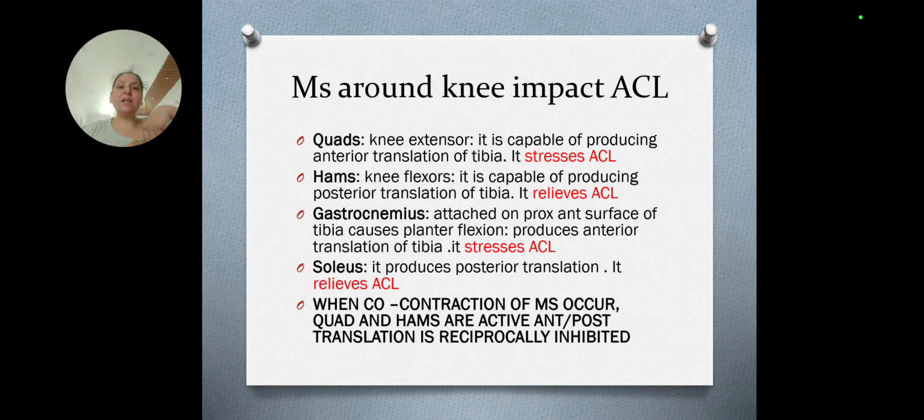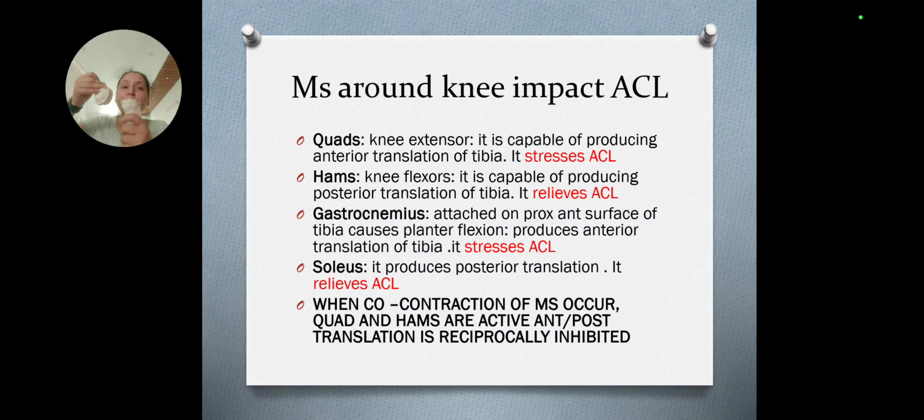Like the quadriceps muscle, which is basically a knee extensor. So it extends the knee. This is bending, and this is extension of the knee. When we come into extension, you see that the tibia is moving anteriorly.